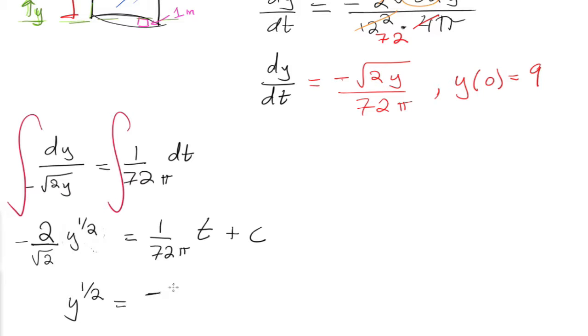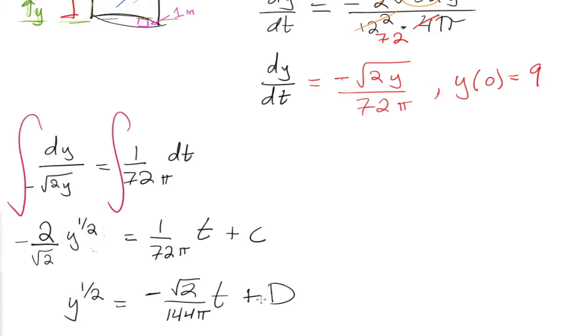So negative root 2 over 144 t. We have to call the constant something else, because you multiply it by those constants too, so let's just call it some other constant d.